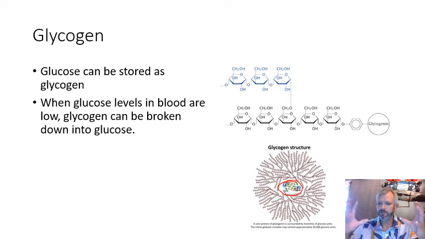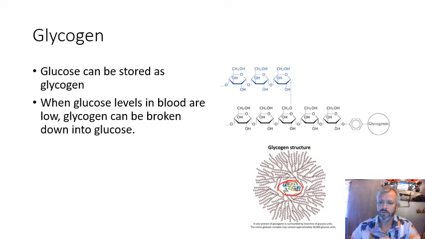Okay, so now we have the store of glucose. The cells where we'll find it are the skeletal muscles and the liver, our two main stores of glycogen. The skeletal muscles have stores of glycogen so they can break it down to use as glucose for themselves, whereas the liver can break down glycogen and put glucose out into the blood.